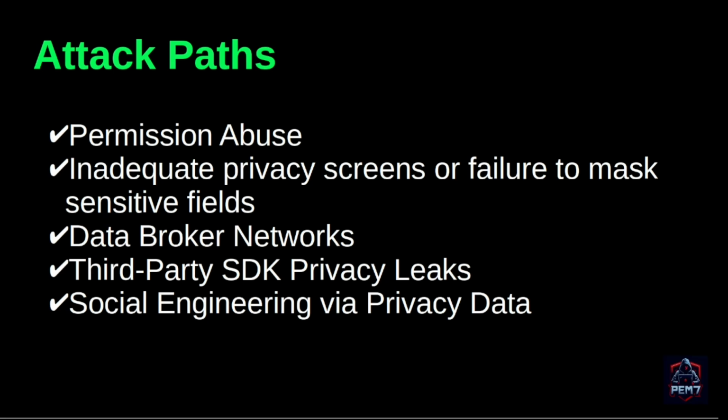One is permission abuse, where malicious applications request broad permissions under false pretenses. This is actually one of the signs to flag malicious applications. For example, a flashlight app requests location and contacts, a wallpaper application accesses the microphone, and a normal game app requests SMS permissions.